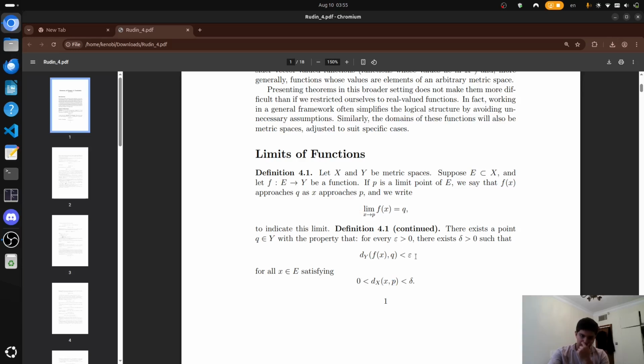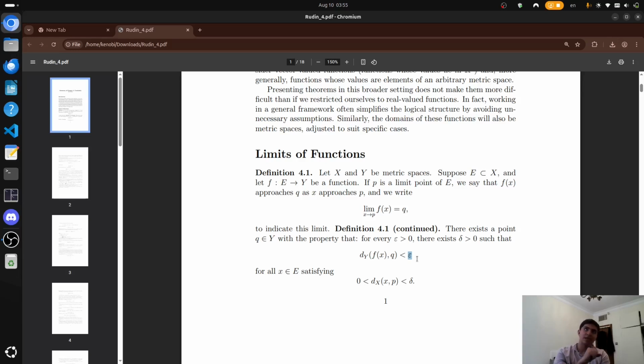And basically, another important property is that if it works for an epsilon, then it works for a greater epsilon too, because it's part of it.